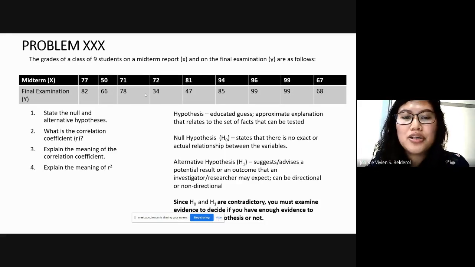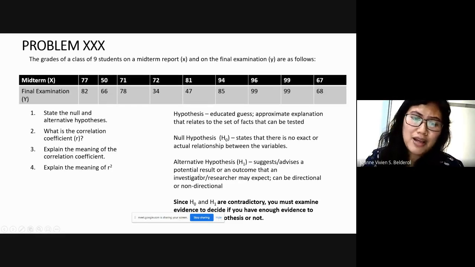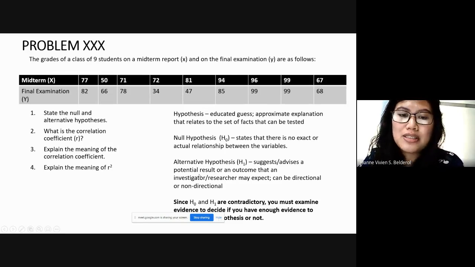Okay? So there are two types of hypothesis. The null hypothesis, which is usually expressed as H sub 0 or H0. And then we have the alternative hypothesis, denoted as H sub 1 or H1. H0 states that there is no exact or actual relationship between the variables.